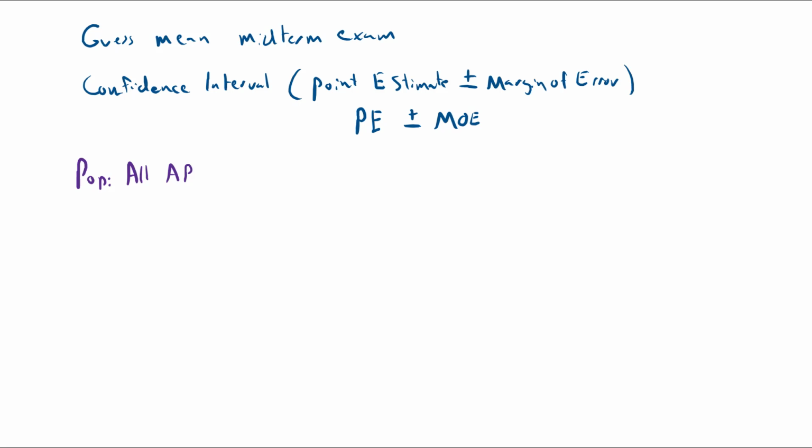So all AP midterm scores. Now, the sample we talked about doing was, again, I said we're going to take 5 test scores. We're going to pick 5 random scores to try and calculate a mean for it. So, 5 midterm scores.